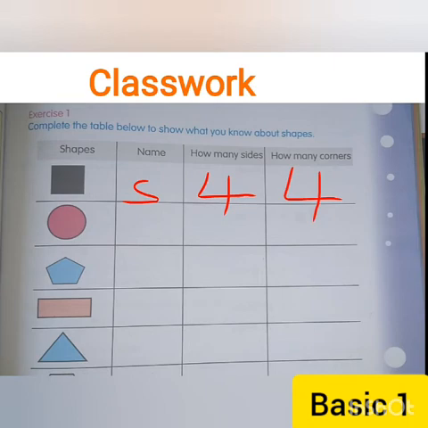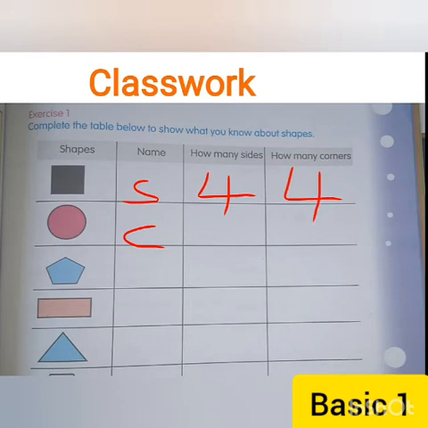The second shape is a circle. We'll also use the alphabet C to represent a circle. Let's spell circle. C-I-R-C-L-E. Circle.